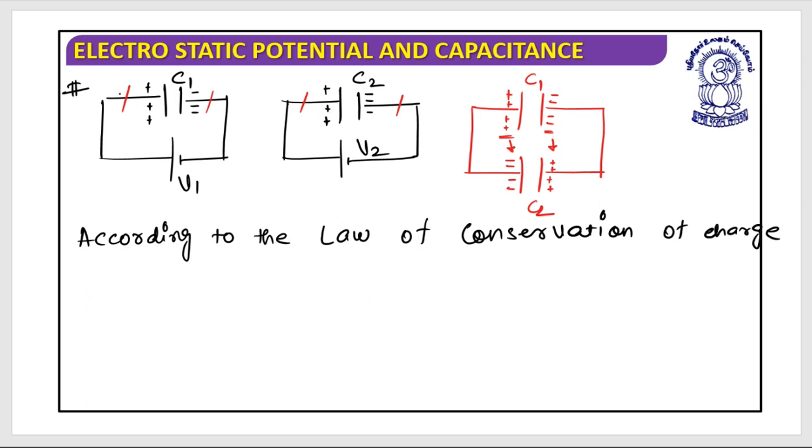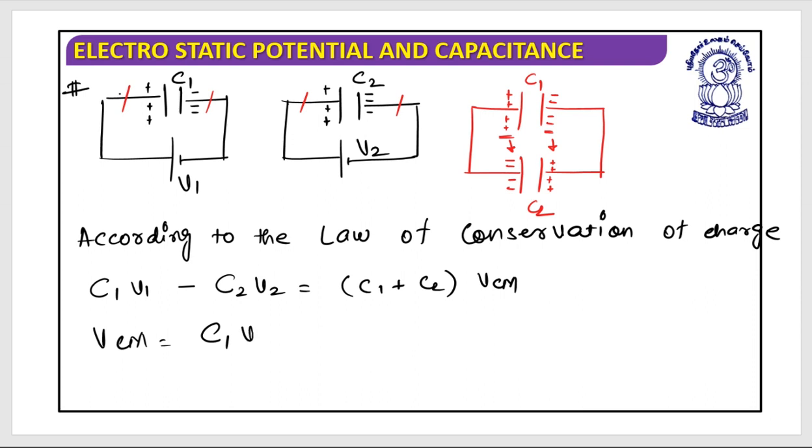What I can write is that C1 V1 minus C2 V2, because they have been connected with opposite polarity, is equal to (C1 plus C2) into VCM, and this VCM, or the common potential, would be given as (C1 V1 minus C2 V2) divided by (C1 plus C2). I hope these things are clear.